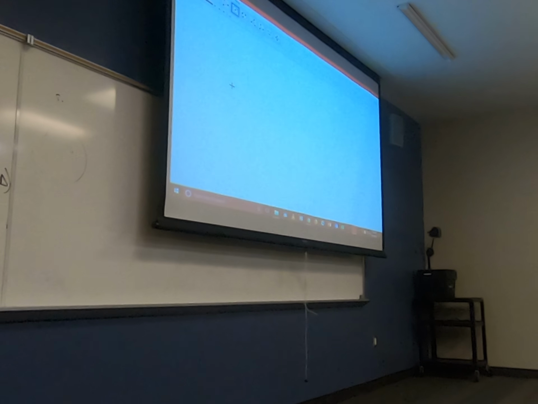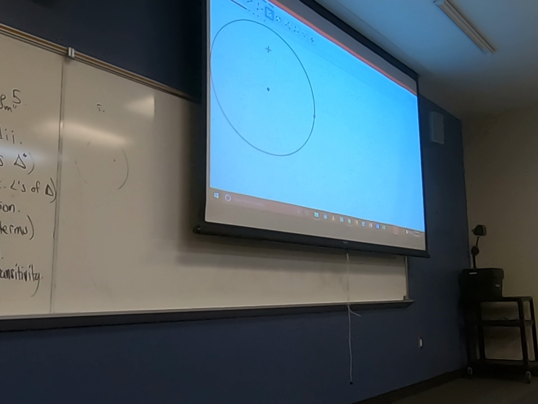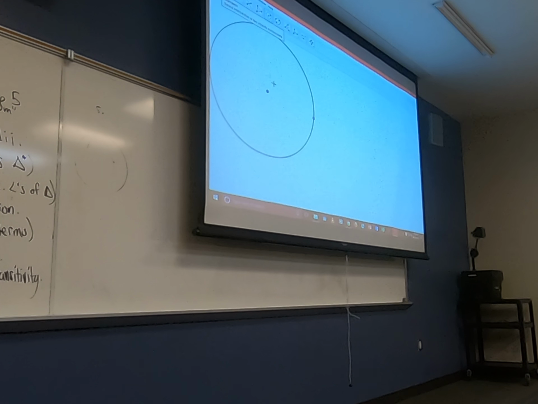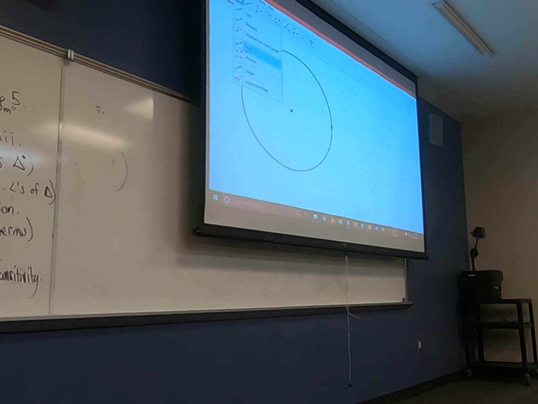Take a circle and remove the circle. So then I want to draw a diameter of the circle. So I'll say give me a ray like so, tell me where that ray intersects the circle, then hide the ray because I don't care about it anymore, and draw the diameter like so.